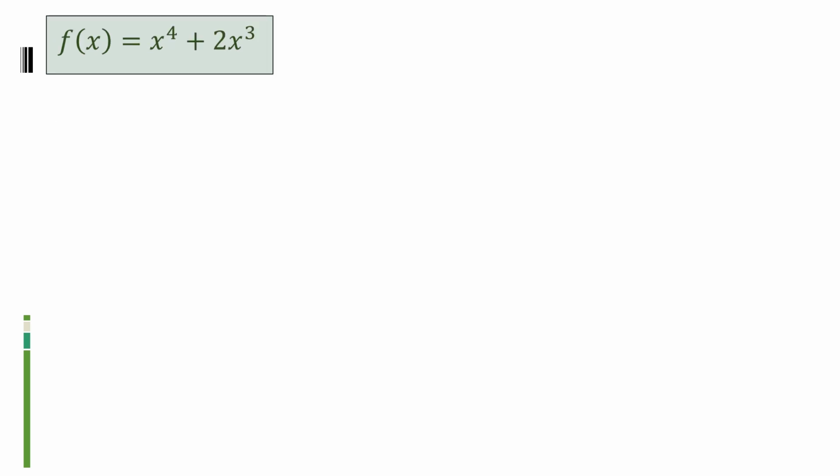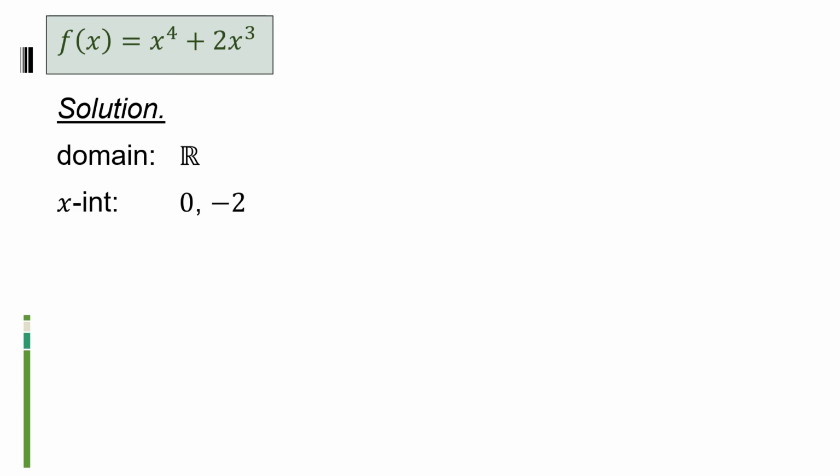Second example, let's graph f of x equals x raised to 4 plus 2x cubed. So first, let's determine the domain. We know that this is a polynomial, so the domain of this is just R. The x-intercepts are 0 and negative 2. So paano yan nakuha naman? So we have x raised to 4 plus 2x cubed equals 0.